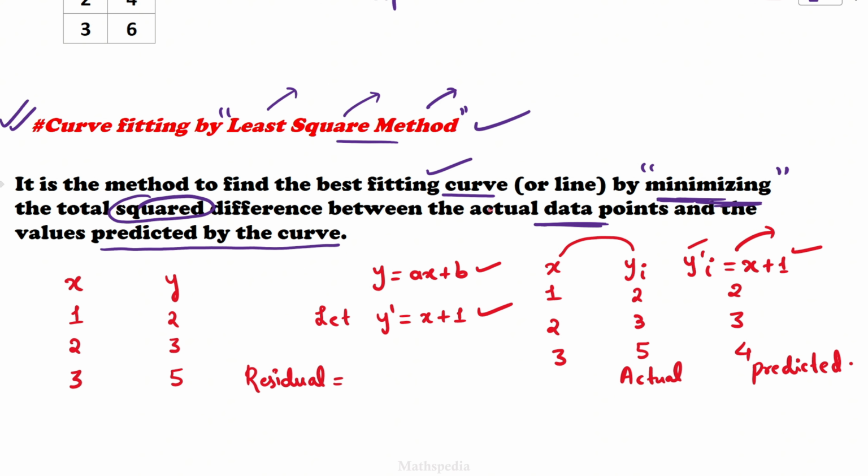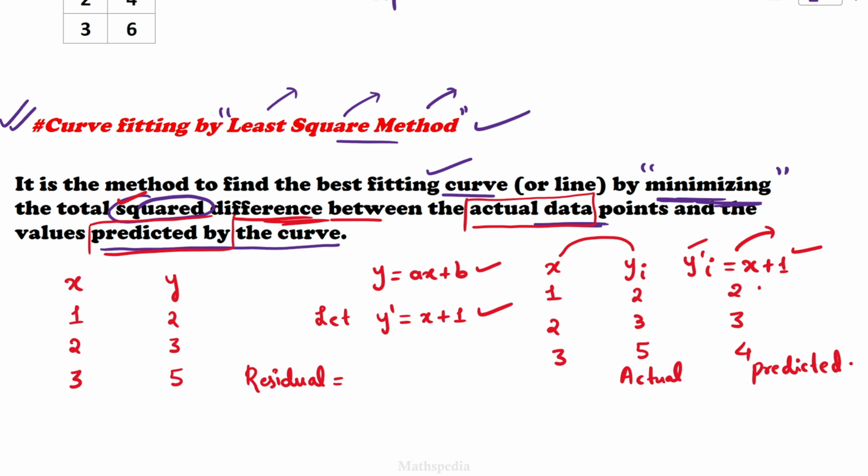As the definition says, there will be actual data points as well as the predicted data points by the curve. So we are going to take the difference between those, square it, and total it. Now residual will be for each particular point. This you have to understand, that is very important.